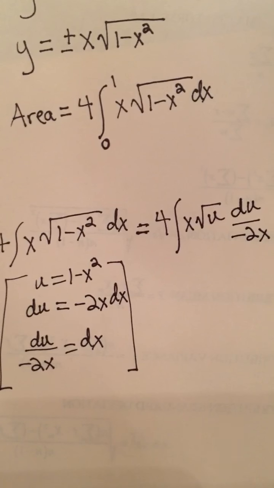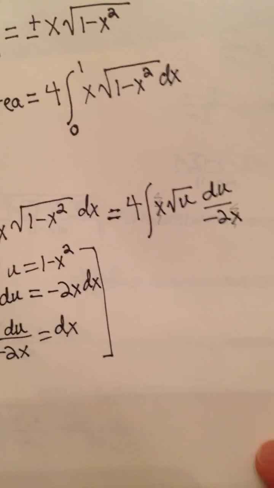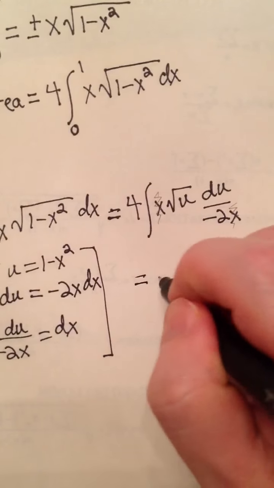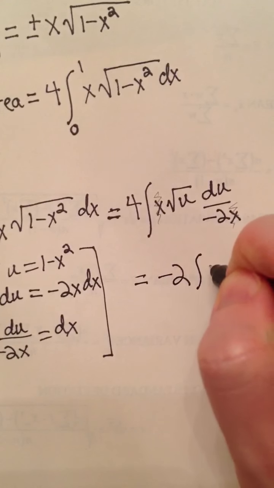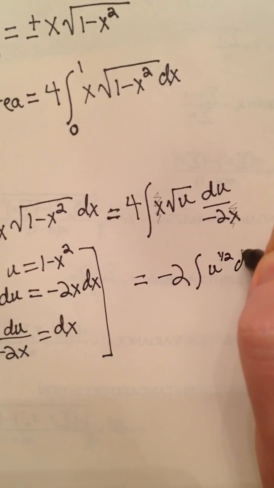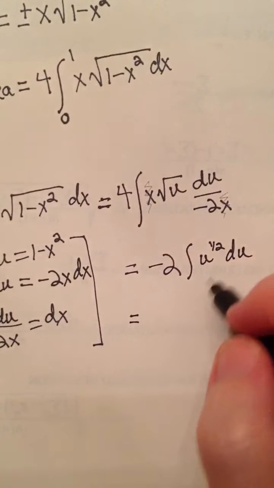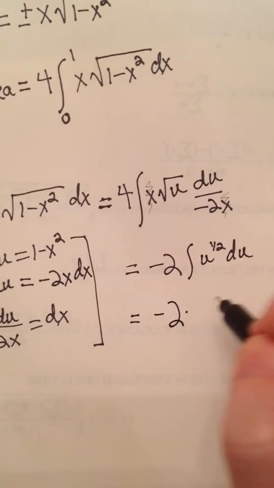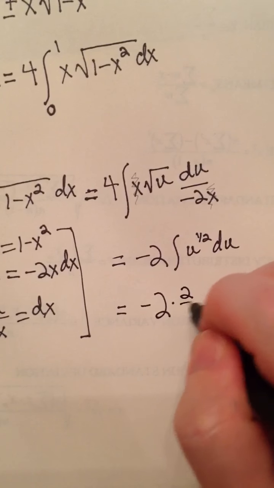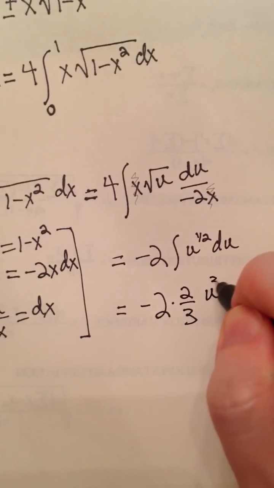Cross multiplying, the x's will go out, and -2 into 4 gives -2. So we have -2 times the integral of u to the 1/2 du. The antiderivative of u to the 1/2 is 2/3 of u to the 3/2.